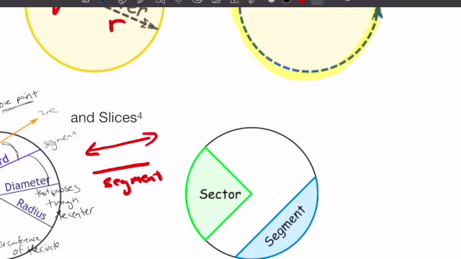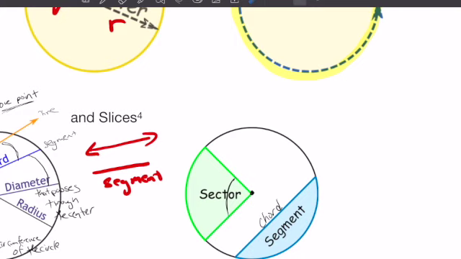And lastly, when it comes to the areas inside a circle, we have a segment, which is bounded by a chord, and it is that area included inside that chord. A sector is an area swept out by an angle. So if we have an angle that we started drawing here and swept this out, then this area would represent a sector. That is the difference between a segment and a sector.